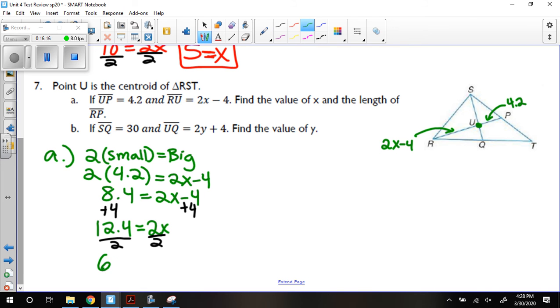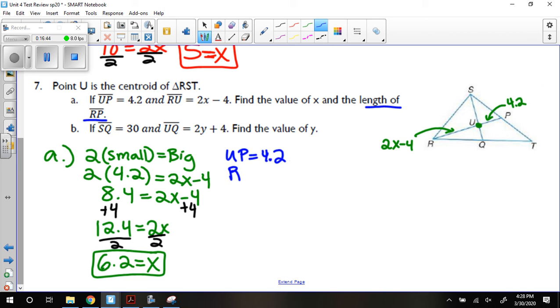And so we get 6.2 for x. It also asks you to find the length of RP. So R to P is the entire thing. We know that UP is 4.2.